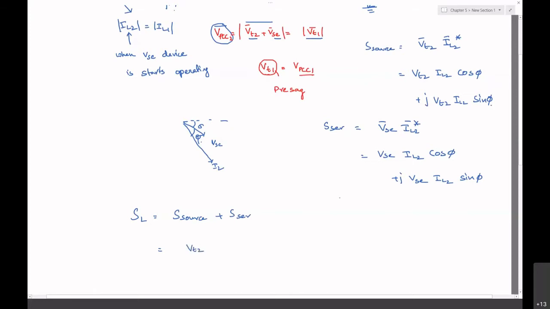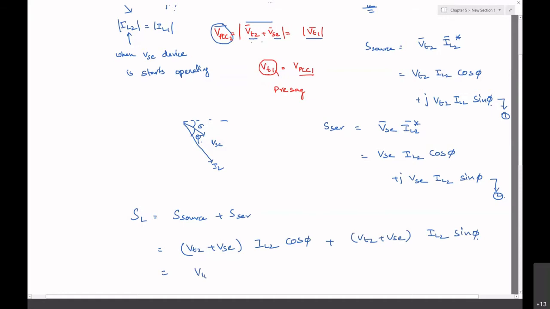To add these two equations, we get (VT2 plus VSE) into IL2 times cos phi plus j times (VT2 plus VSE) into IL2 times sin phi. Now this VT2 is very well equivalent to the magnitude of VT1, as we have seen.